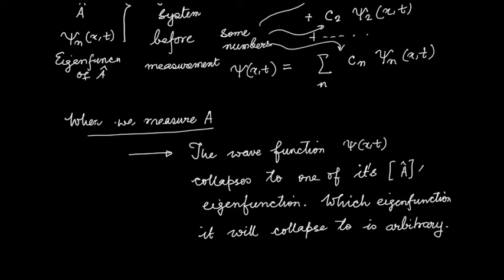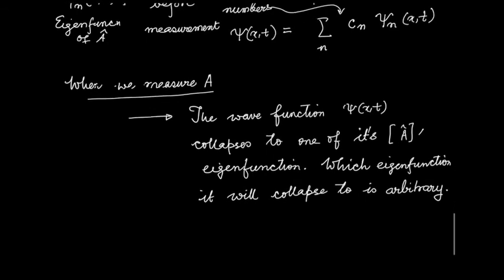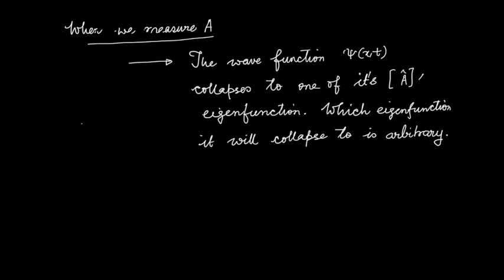It's completely arbitrary. You cannot predict which eigenfunction it will collapse to. So there comes the randomness.